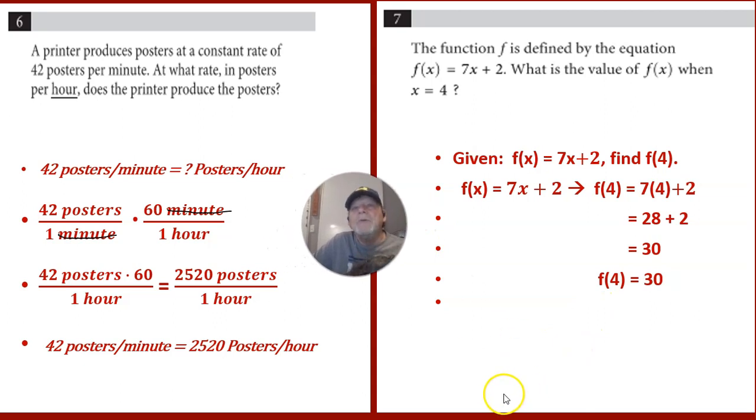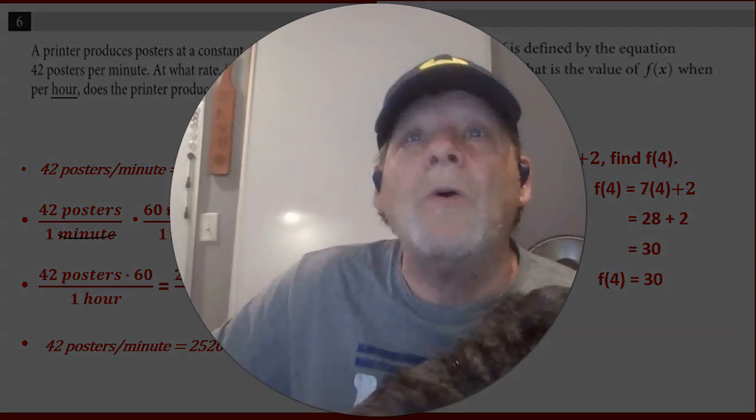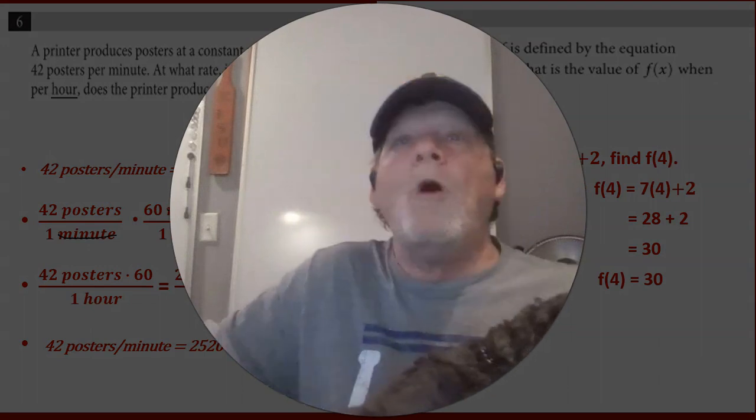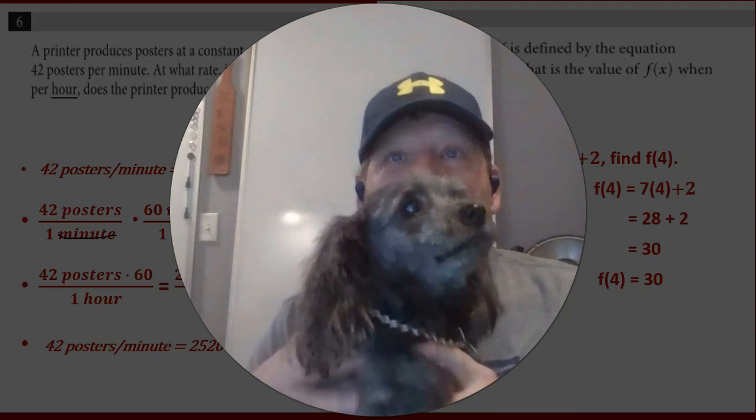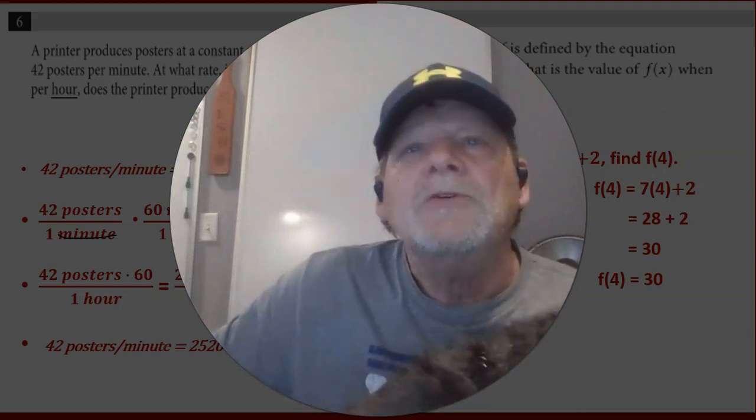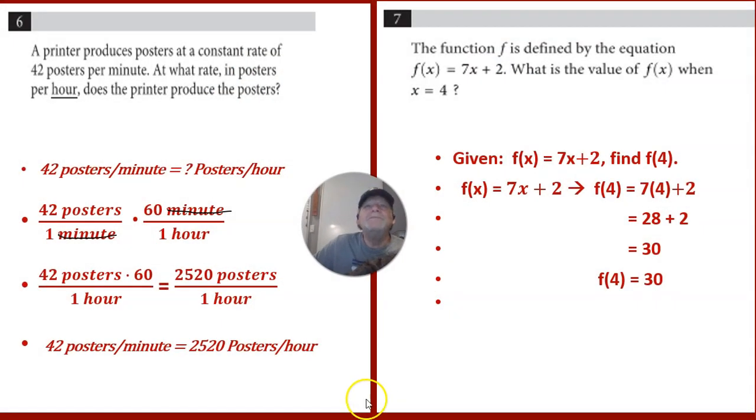So how did you do? Did you do well on these problems? Now, the topic changed, and so it is different than what you have been doing before in here. There's my Bear boy still on my lap. So let's wind this thing down.